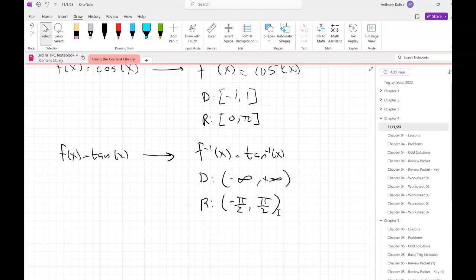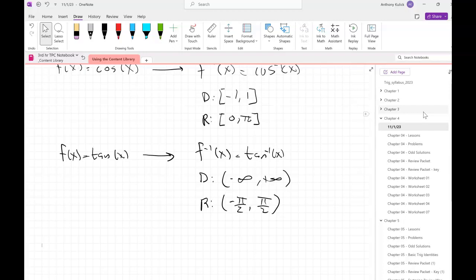Vertical asymptotes, right? Everybody agree with that? Remember when we graphed tangent, we had the undefined points? Guess where on the parent function those undefined points occur? At -pi/2 and +pi/2.